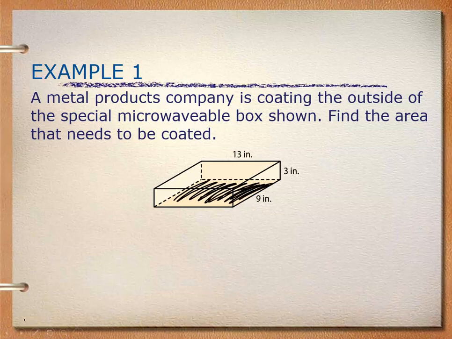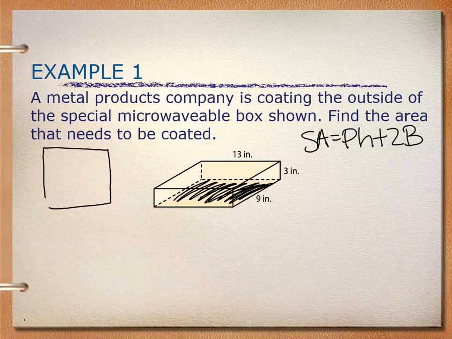What I'm going to do next, before that, actually, you need to write down your formula. So Ph plus 2B. Then you draw out the base. Okay. So my base has a 9, and this 13 is right here.